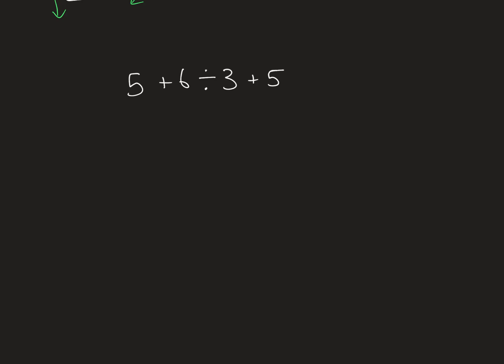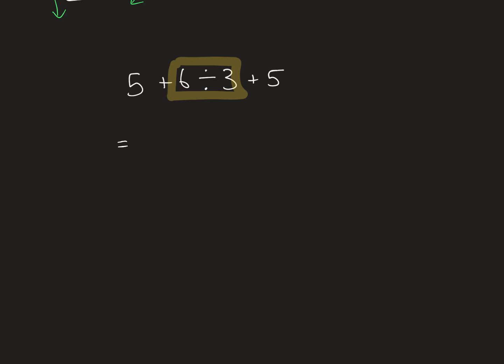We see automatically we have addition and we have division. Our division set always will come before everything else, so outside of the box, everything stays the same. What I recommend, especially if you have a highlighter, is to highlight the two terms that you will be solving when expressions get larger.